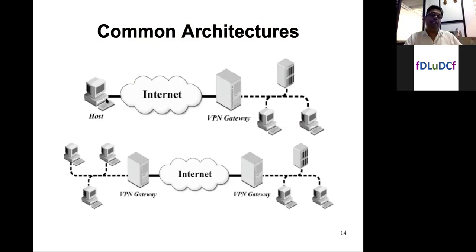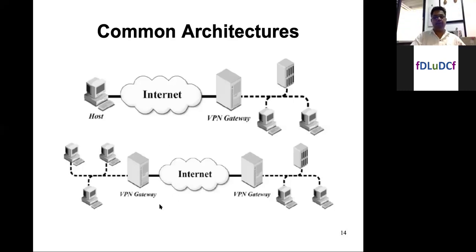So in this architecture, the entire network traffic from the host to the gateway is encrypted using IPsec. But after the gateway, that data is in plaintext. So if someone here can see that data, someone there cannot.